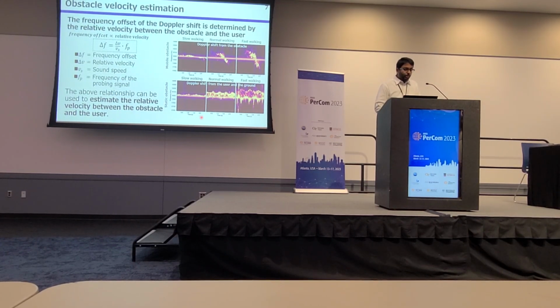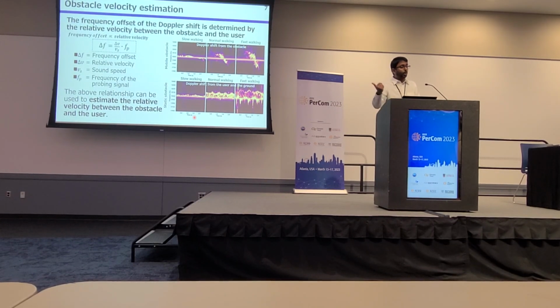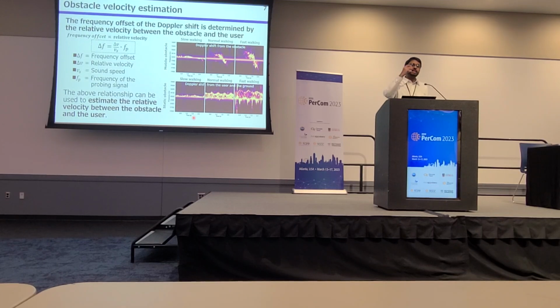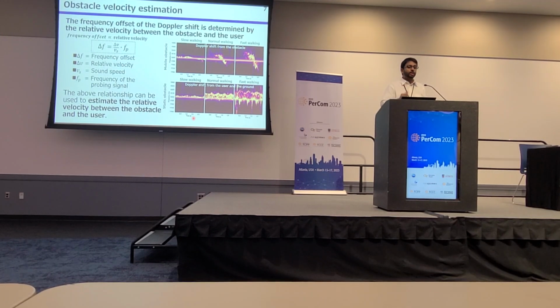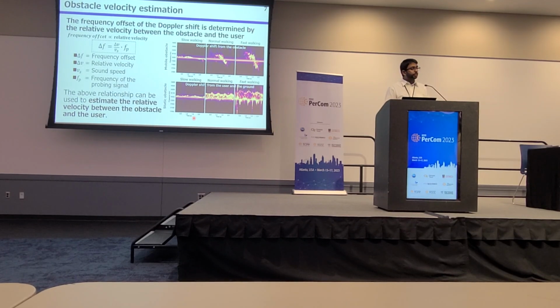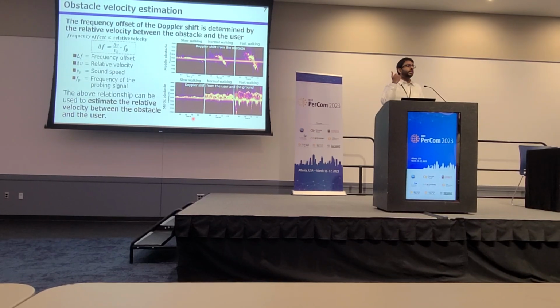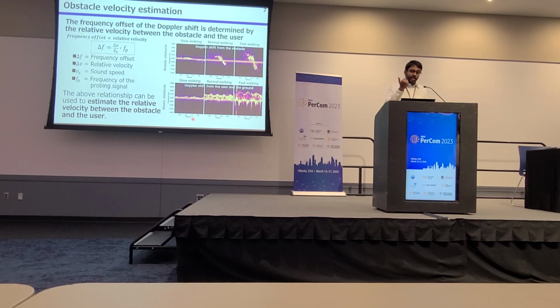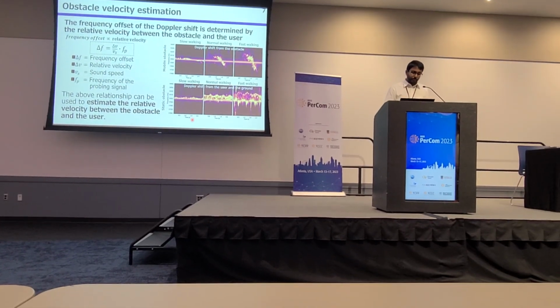So, when a user moves towards a wall at three different walking speeds, we can still see the increment of the offset of the Doppler shifts according to the walking speed of the user. Therefore, we can use these Doppler shifts to estimate the relative velocity of static obstacles as well, because the velocity of the user is equal to the relative velocity of static obstacles towards the user.